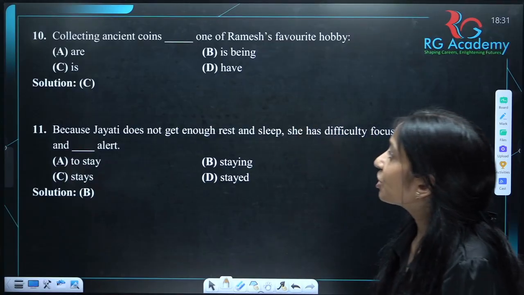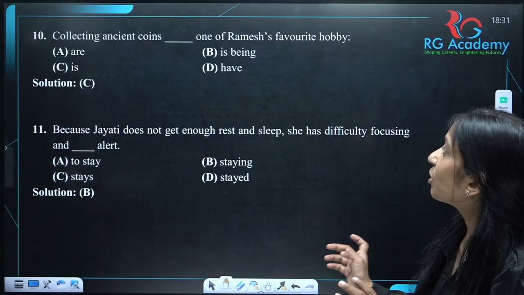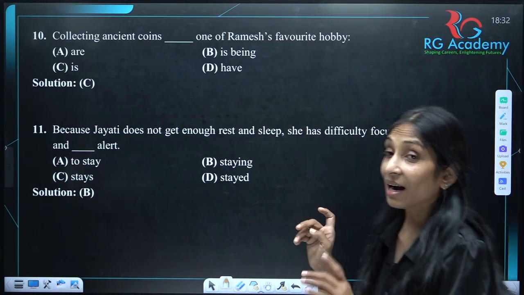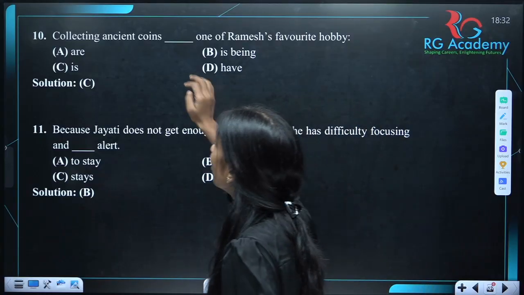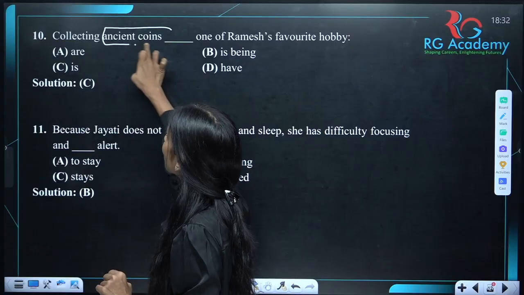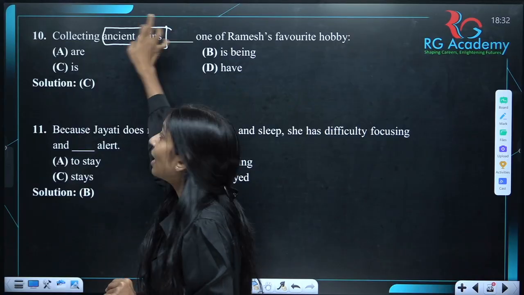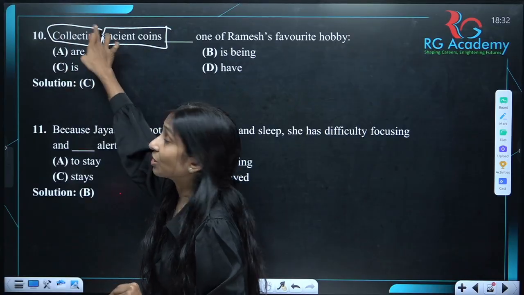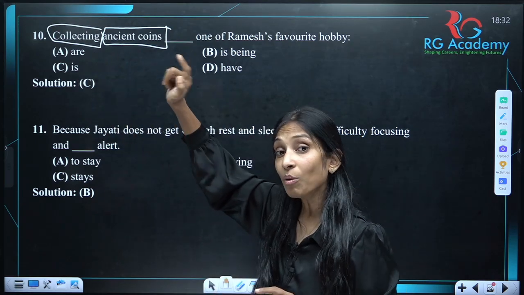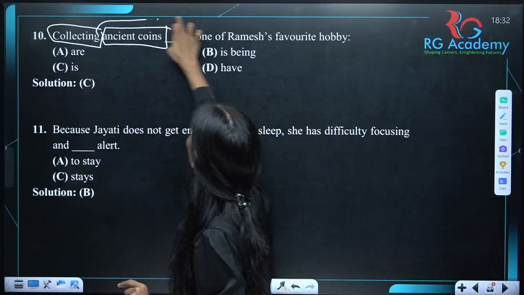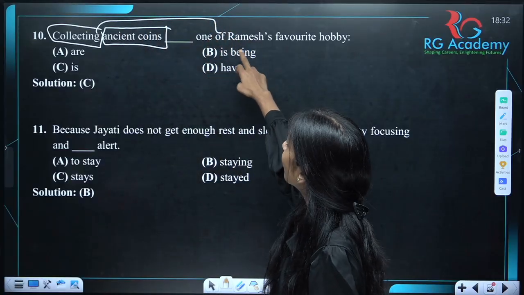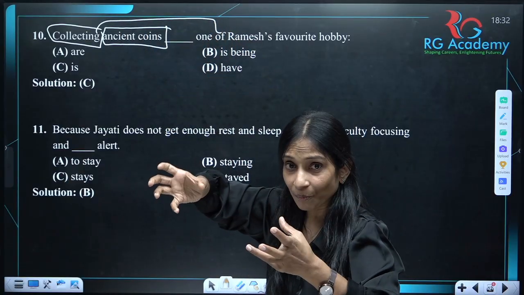Collecting ancient coins dash one of Ramesh's favorite hobbies. Again, same thing, we cannot be seeing the filler subject. This is our filler subject and this is our main subject. Why is this our main subject? Because collecting, coins, we are talking about collection, right?